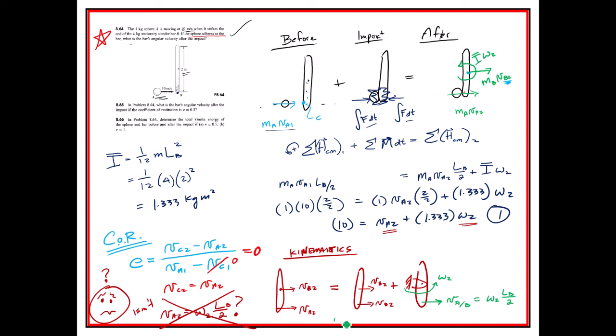So we know that VA2 is equal to VB2 plus omega 2 LB over 2. And that is our second equation.